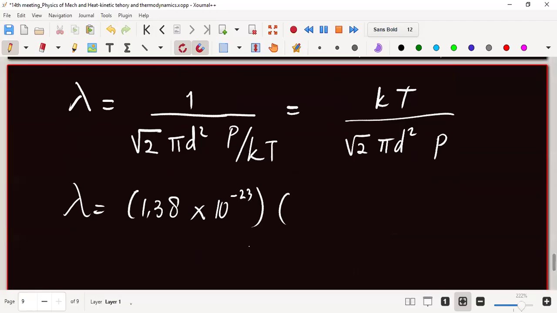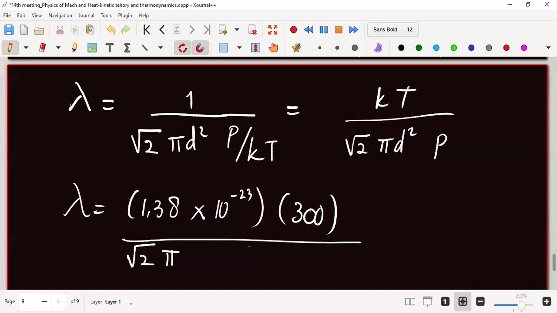The temperature is 300 Kelvin, and divide by square root of 2 pi, pi is 3.14, and then the diameter is 2.9 times 10 to the power minus 10, squared, and the pressure is 1 atm. 1 atm is 1.01 times 10 to the power 5.